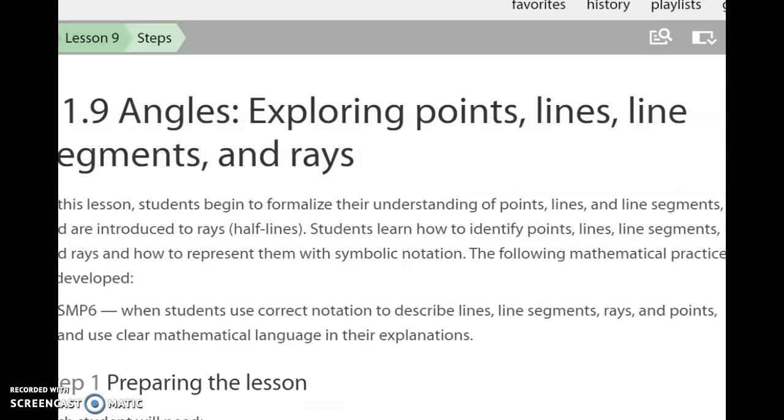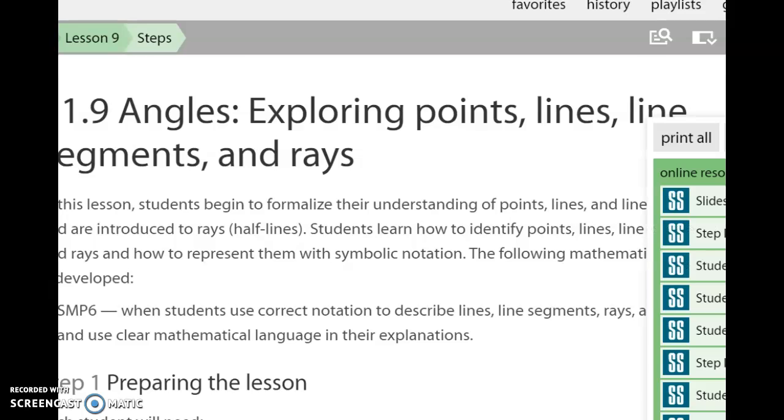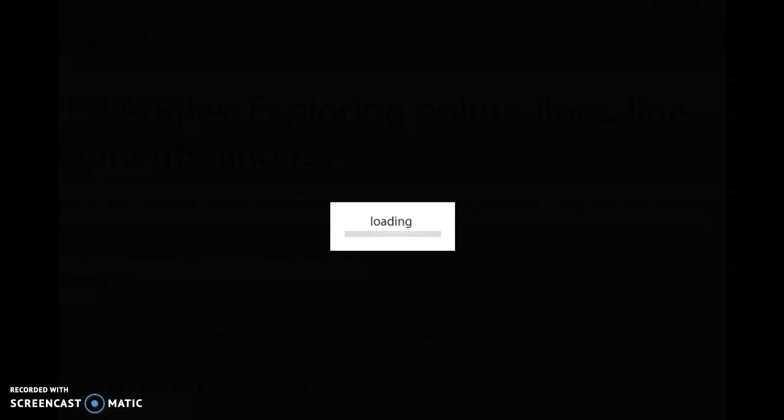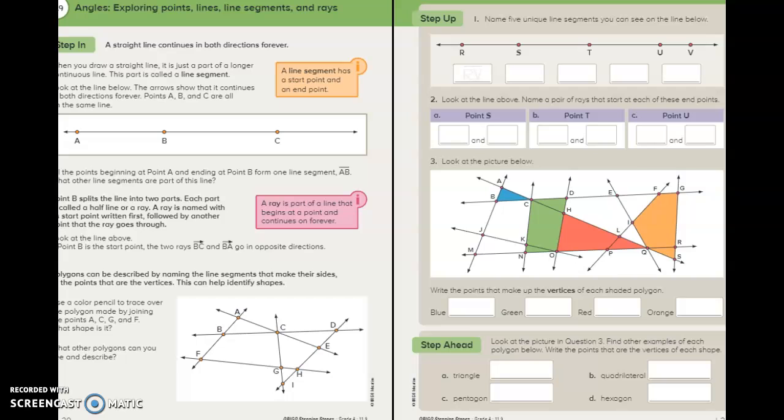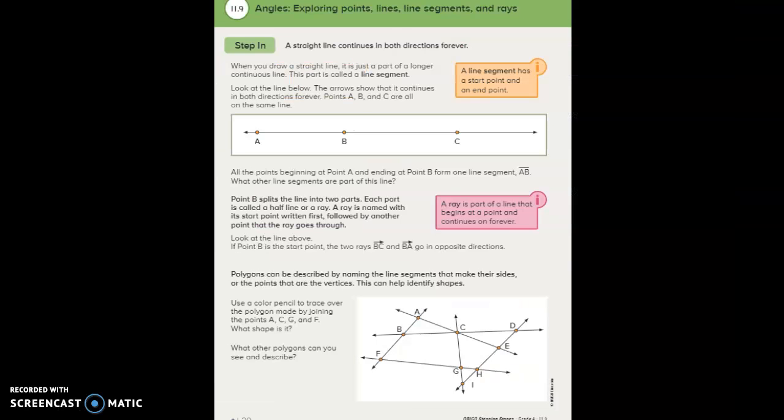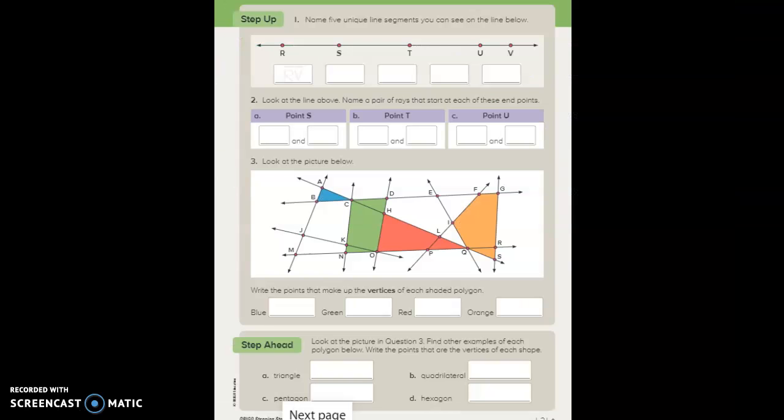If you look at the practice page that is in your assignment, it should look like this. We went through the practice there, and on your page you have something that looks like this. It first asks you to name 5 unique line segments that you can see on the lines below.